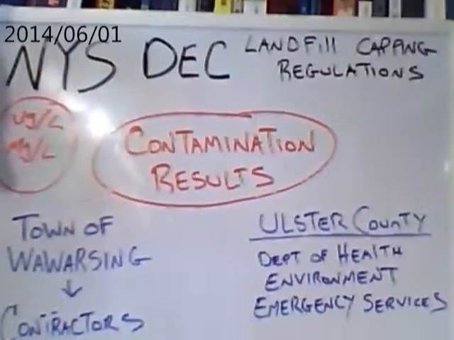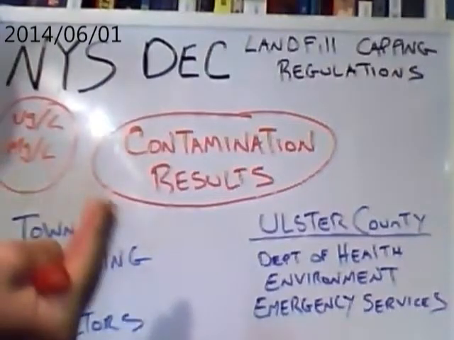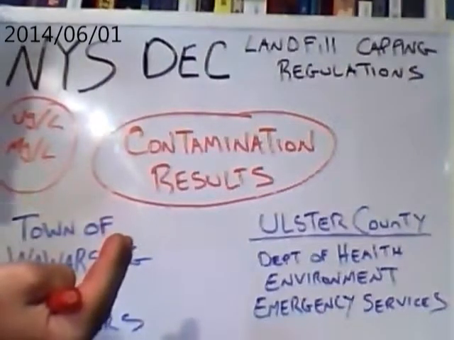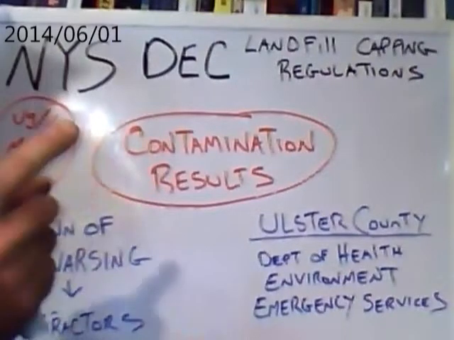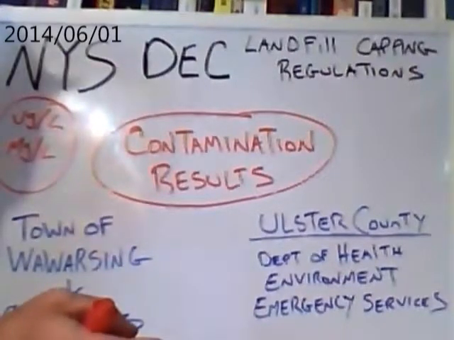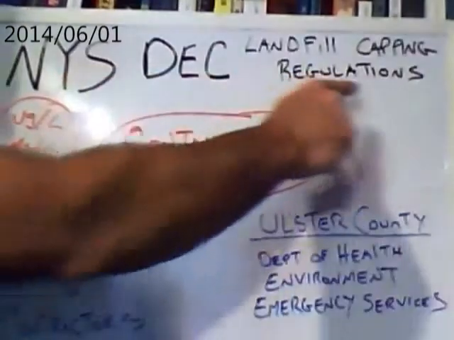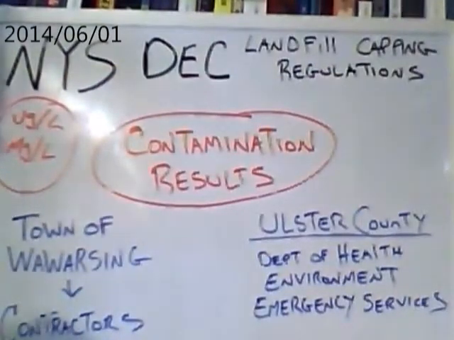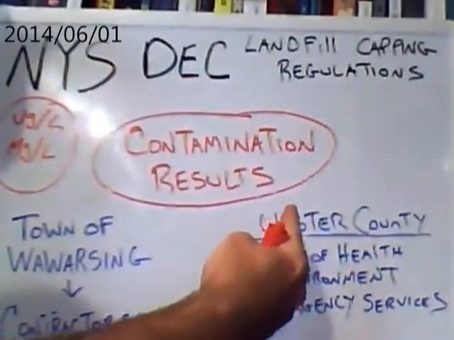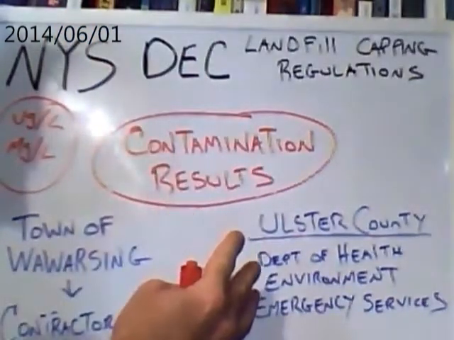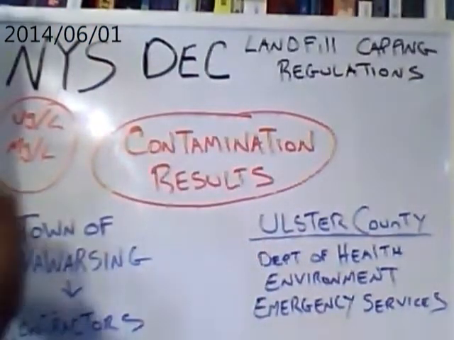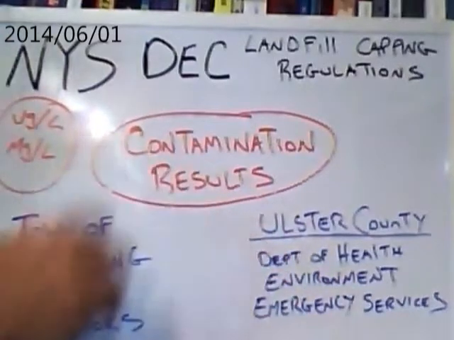And there's all sorts of regulations that govern what happens when contamination is found and what's to be done. So this is why I'm releasing this 55-page document with the DEC landfill capping regulations and the hydraulic assessments that needed to be done before it was capped and after it was capped, all this hydraulic stuff.